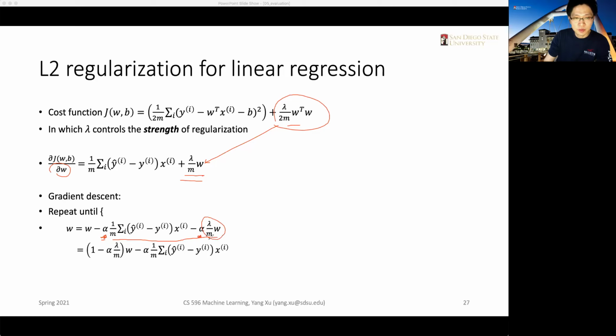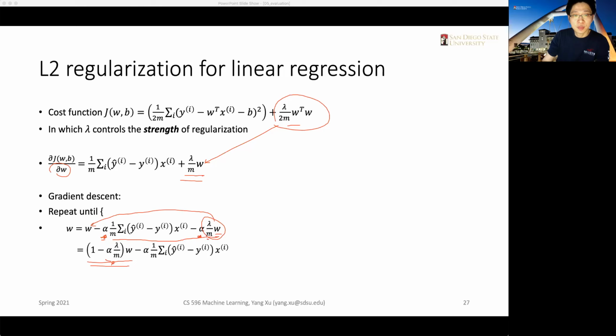Okay, if we look at this term, it has w, so it can be combined with the w here, and it becomes this term. We can notice that the factor on w is 1 minus alpha times lambda divided by n, and it is smaller than 1.